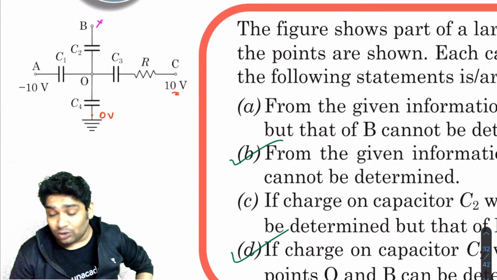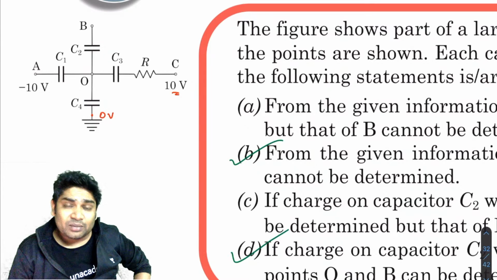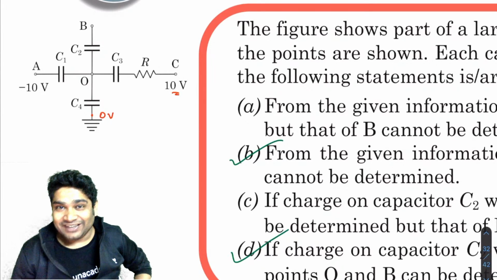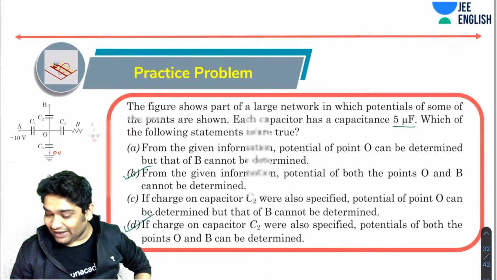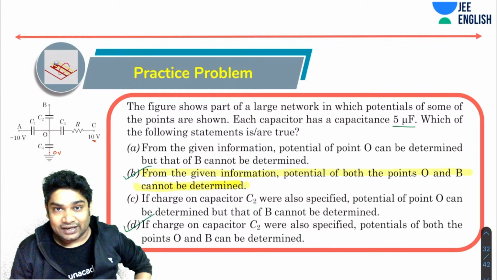Similarly, since I don't know the potential of O and I don't know the charge on capacitor C2, I cannot determine the potential at B also. So B is definitely correct. From the given information, the potentials of both points B and O cannot be determined. So this is absolutely correct.